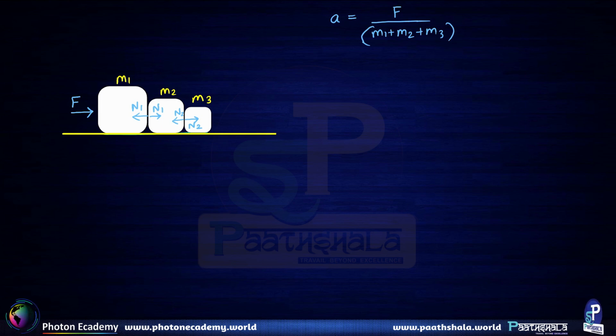The simplest way to find N2 is to analyze the block M3 on which the single force N2 is acting. So N2 is going to be equal to M3A, because M3 is also moving with the above mentioned acceleration A. So N2 is going to be equal to M3F upon M1 plus M2 plus M3.